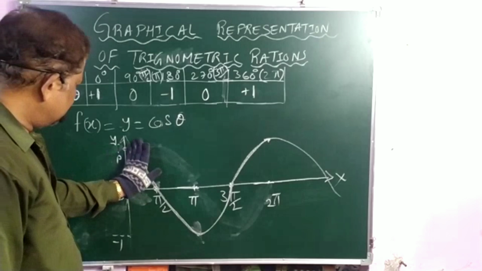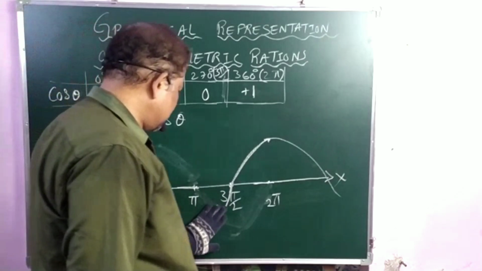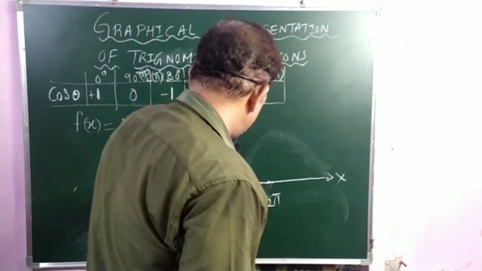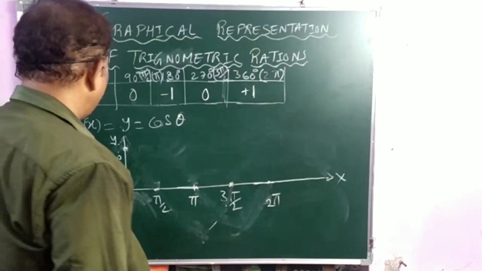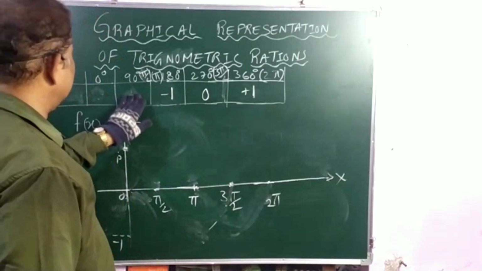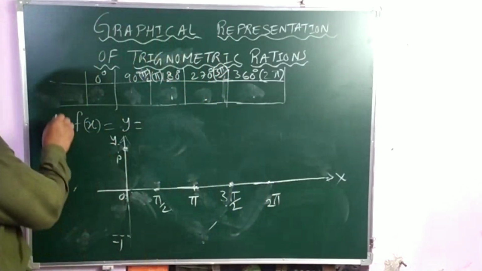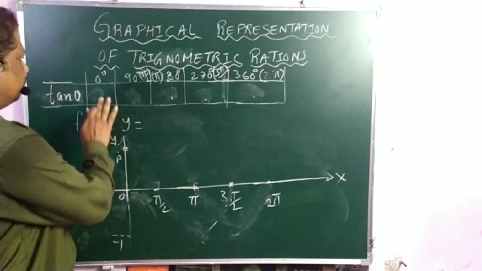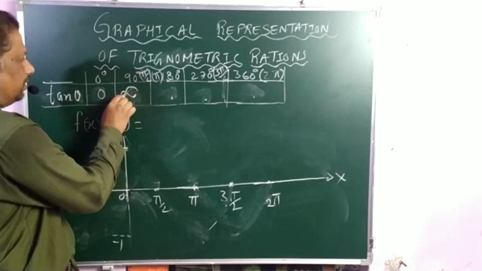In tan we will get infinity, so draw that carefully. Now for tan theta, for 0 degrees it is 0, at 90 degrees it is infinity, or not defined.